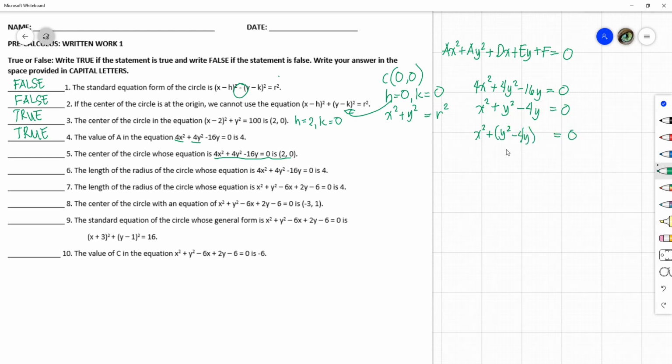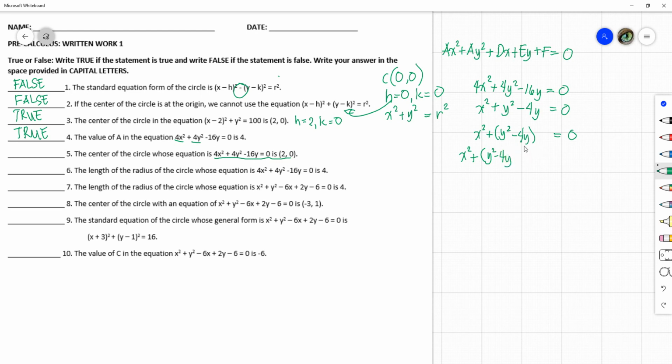Now, this group of terms, we can transform into a perfect square trinomial by completing the square, which was discussed to you when you were in grade 9. So you have x squared plus y squared minus 4y.